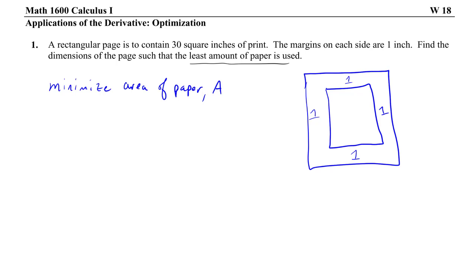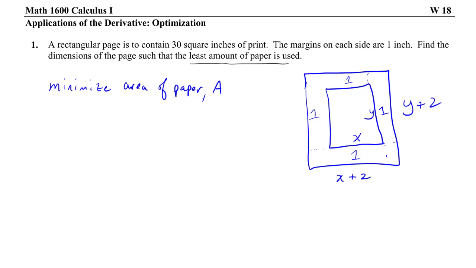So what I'm actually going to do is let X and Y be the inside, the printed page, which would then make this X plus 2, because I have a 1 inch margin on each side, and that would make this width Y plus 2 for the same reason.